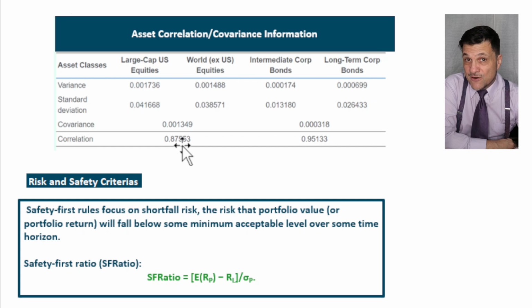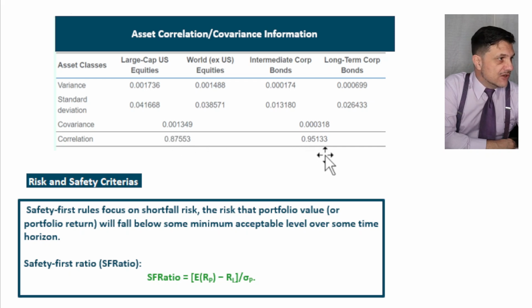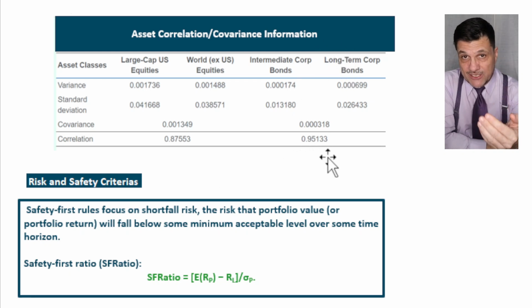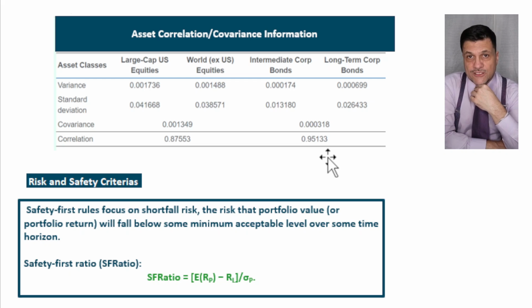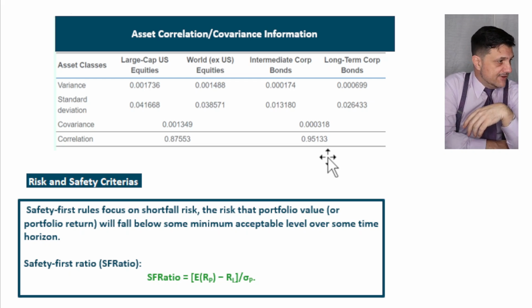It's a high correlation. You have to remember that correlation goes from -1 to +1. That's very close to 1. So is this one. It's even closer. The bonds, intermediate-term and long-term, are very correlated. That's what you can see here. That's the interpretation part of the questions that you may face in the CFA exam.